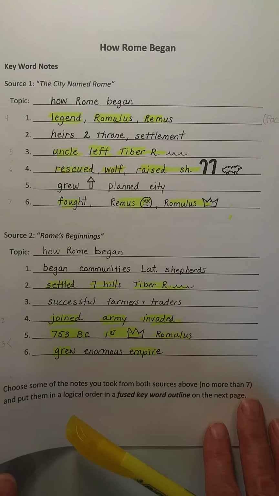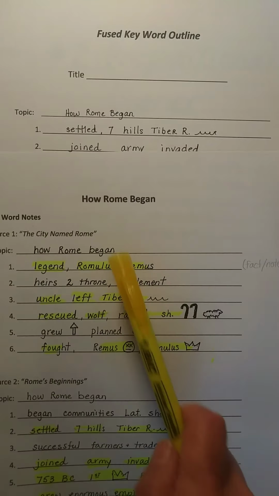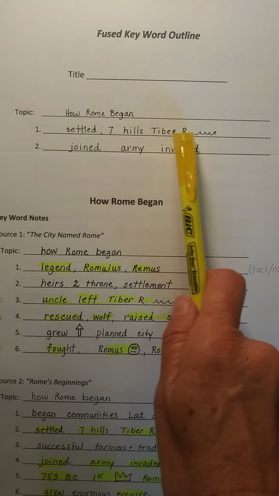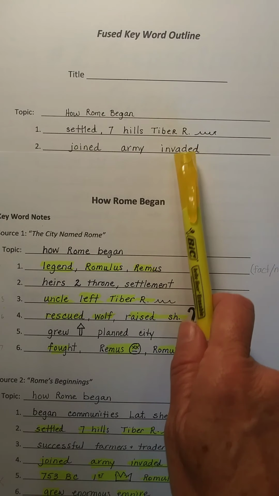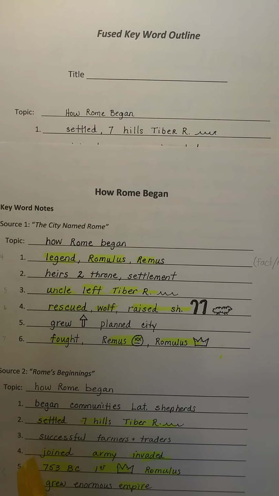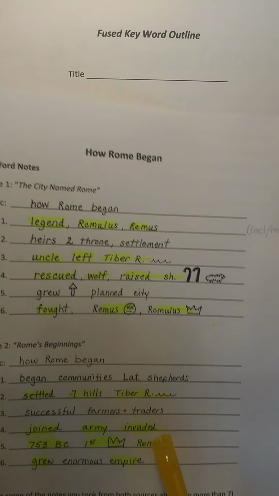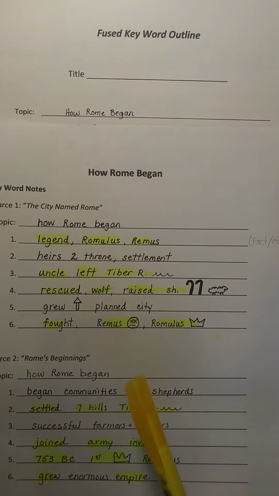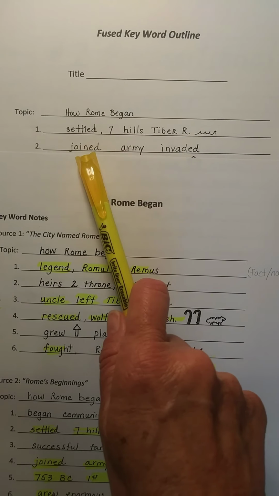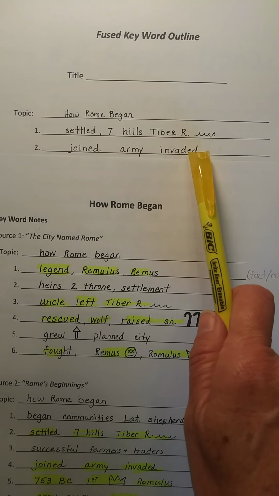So I'm going to transfer this note to here. They settled on the 7 hills near the Tiber River. Then I'm going to mention that they joined together as an army and invaded other villages and towns. Joined as an army, invaded.